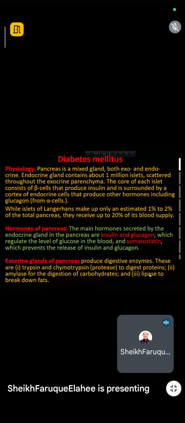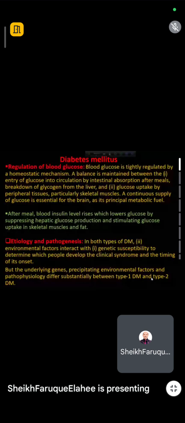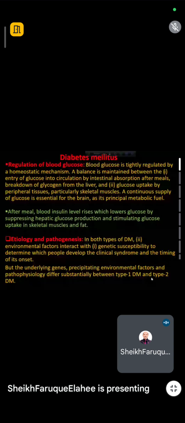Proteins by protease, carbohydrate by amylase, and fat by lipase. So these are the functions of exocrine glands of pancreas. Now let us see how blood glucose is regulated in the blood.